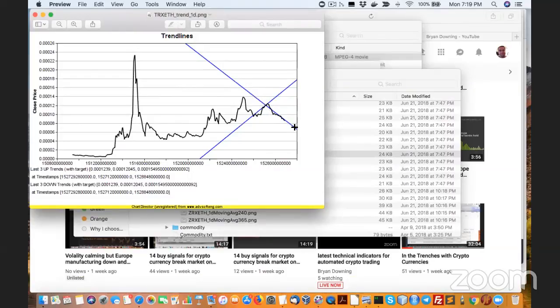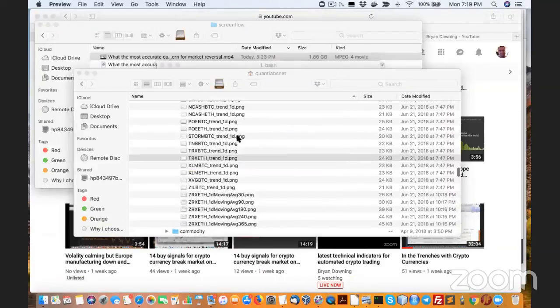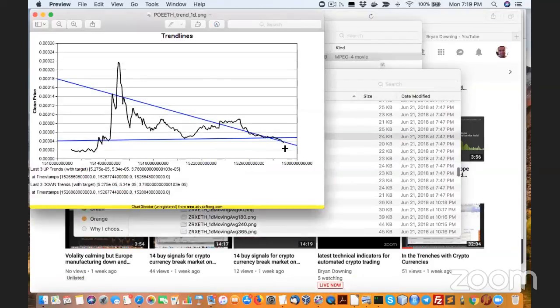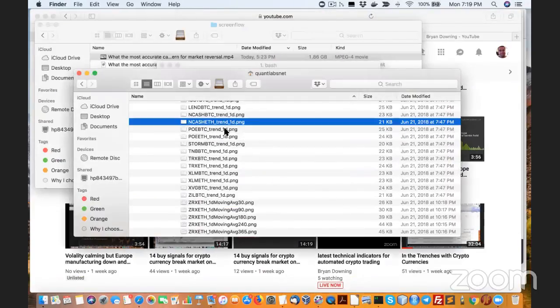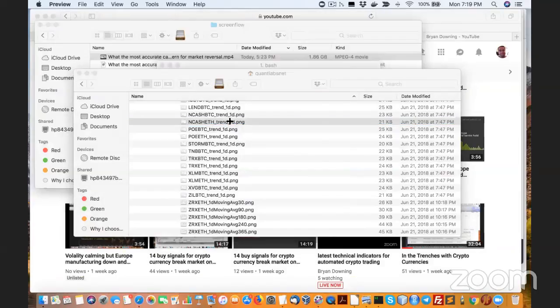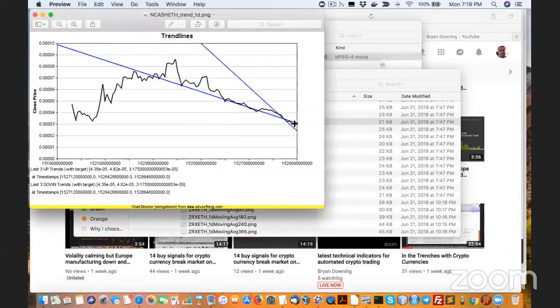So here's another example where it's the opposite type of wedge. This could even be considered somewhat like a flag, if you want to consider that. And this is all driven by math. But there are some nice trends that you can get, if I can find one, where the price does stay within a range, like here.